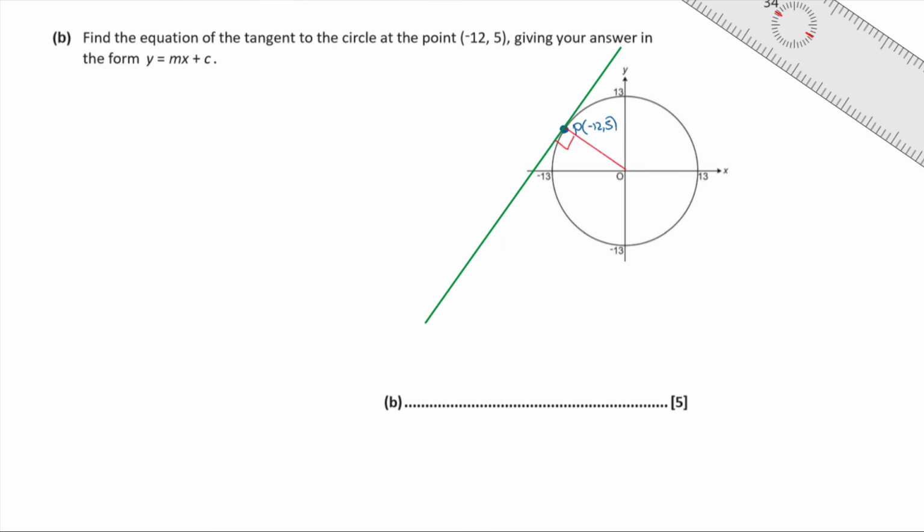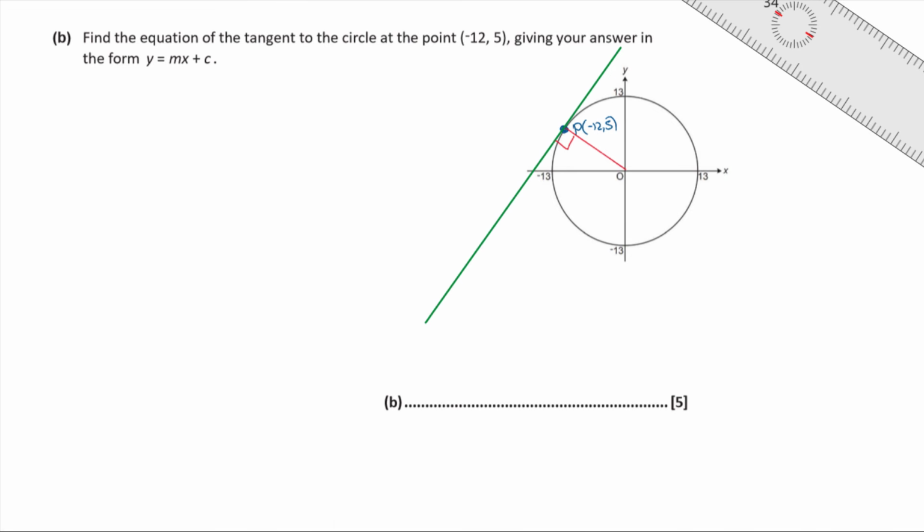I can use that amazing fact here, because if I can work out the gradient of the radius, then I've got a trick to switch that over into the gradient of a perpendicular line, and therefore I can find the gradient of the tangent. Once I've got the gradient of the tangent, I know it passes through that point, minus 12, 5, so I can go on to find the equation of the line.